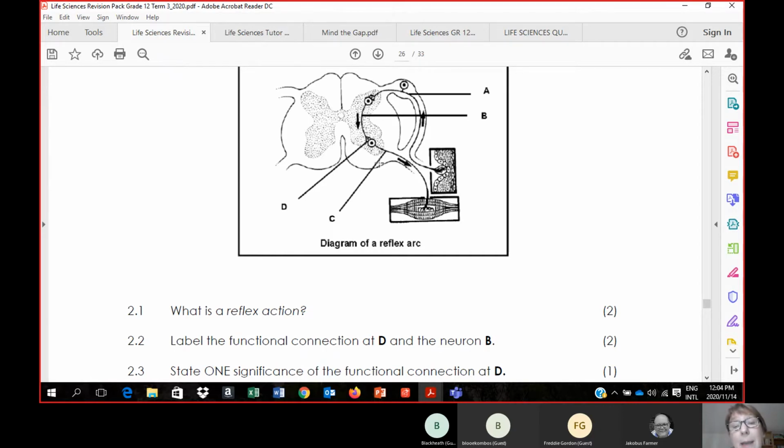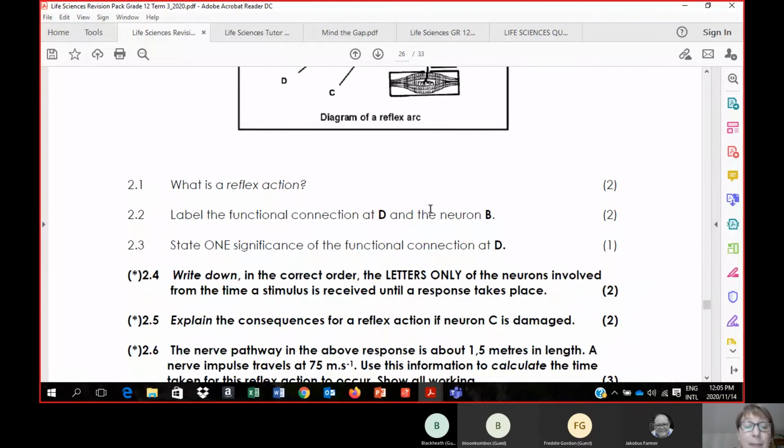So if C is damaged, obviously the impulse will still go from the receptor to the central nervous system, but because the motor neuron is damaged, the muscles will no longer be able to contract. So the person will not be able to respond to the stimulus. They will be able to receive the stimulus, but they will not be able to respond to the stimulus. That muscle will not be able to contract.